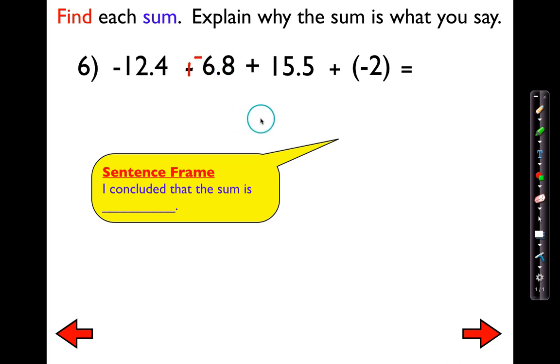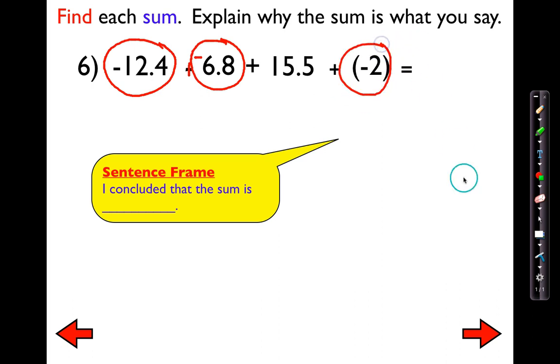Now that I've done that, what I'm going to do is essentially apply the commutative property, which allows me to move the numbers around the operation. So I'm going to go ahead and add -12 4/10 with -6 8/10 and the -2. Since all of these are negatives, I'm going to combine them all up and rewrite it.